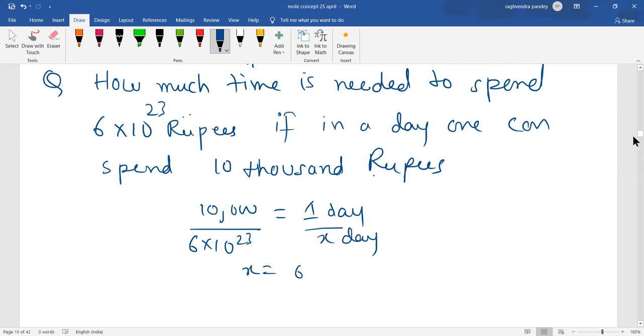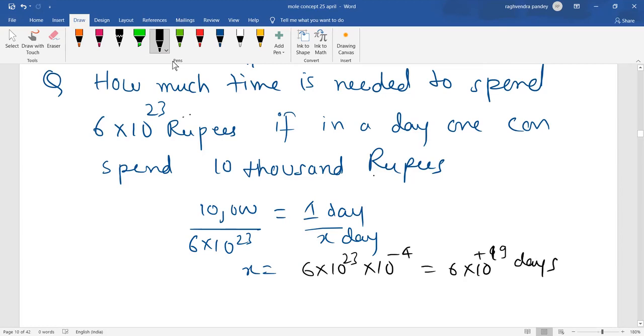X is 6 into 10 to the power 23 divided by 10 to the power 4, so that will be 6 into 10 to the power plus 19 days.